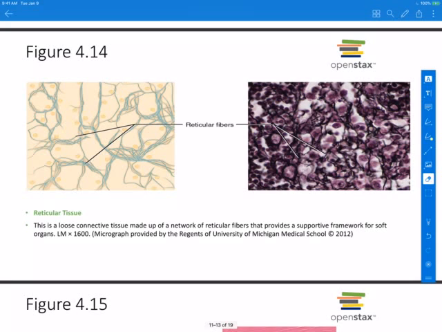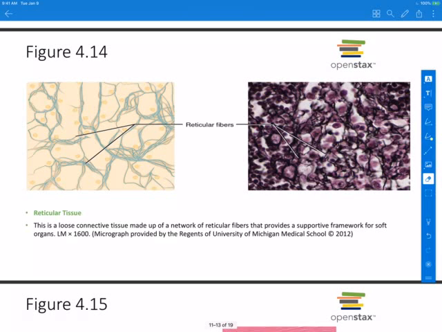The places that you can find reticular tissue would be in lymphatic tissue, such as the spleen, for example. You can also find it in the liver, both of which are soft organs, and reticular tissue supports soft organs. So the reticular fibers look different than the elastic fibers and the collagen fibers.